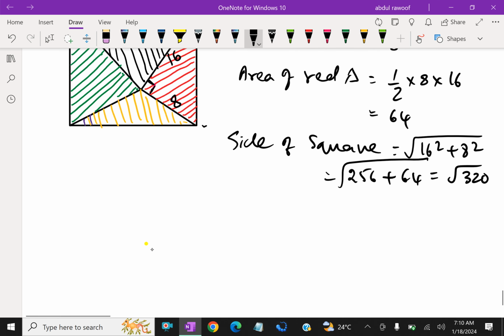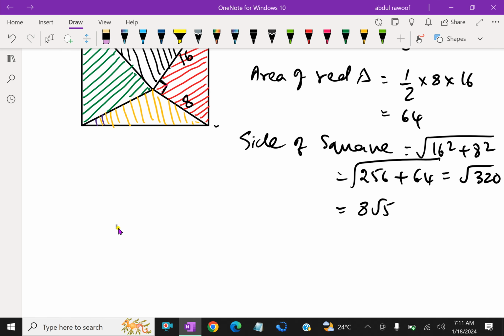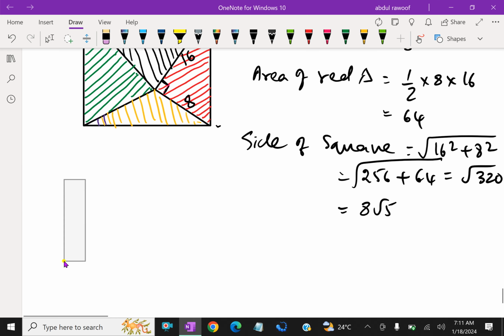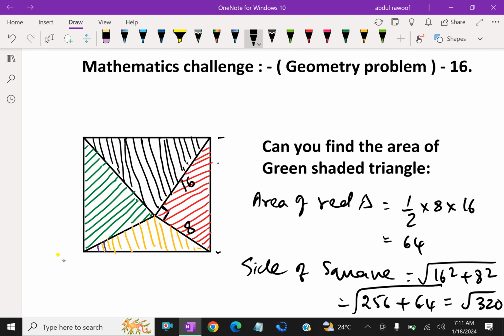The square root of 320 can be written as 8 root 5. We got the side of the square.